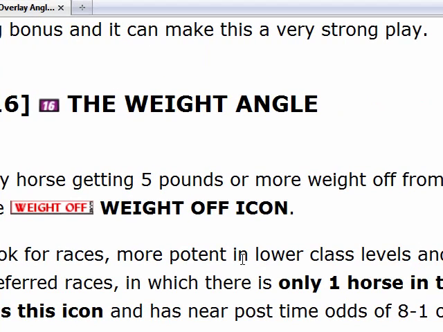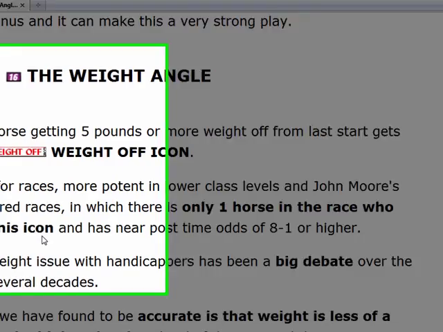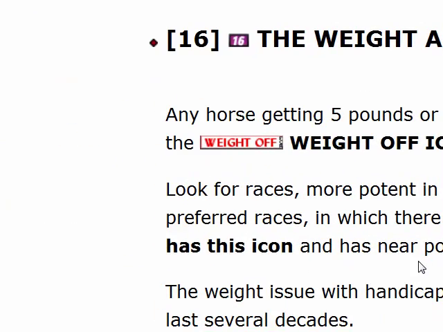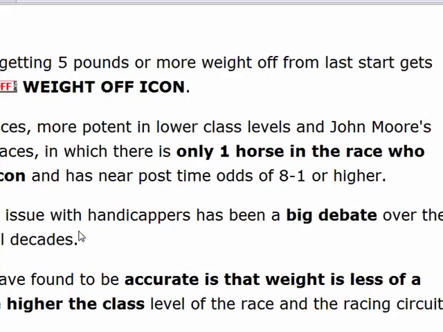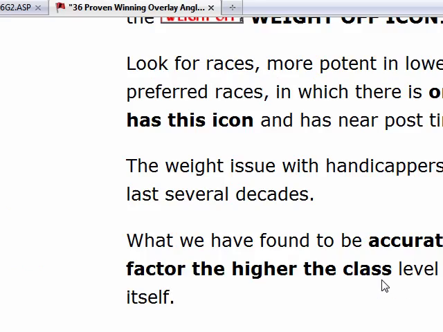Look for races more potent in lower class levels and John Moore's preferred races. Well, a claiming 20,000 non-winners of 2 lifetime is a low class level, and it is a preferred race in which there is only one horse in the race who has this icon and has near post time odds of 8-1 or higher. The weight issue with handicappers has been a big debate over the last several decades.